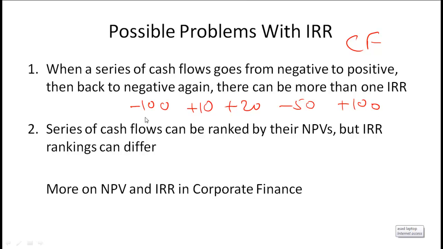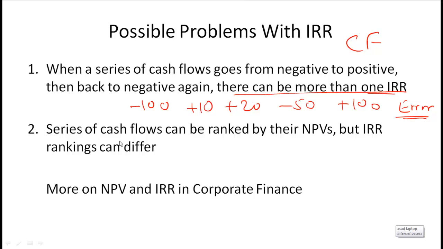So it's going from negative to positive to negative to positive. There is more than one sign change. If there is more than one sign change, then it is possible that there is more than one IRR. On your calculator, you are going to get an error when you try to calculate the IRR. So this is one possible issue.